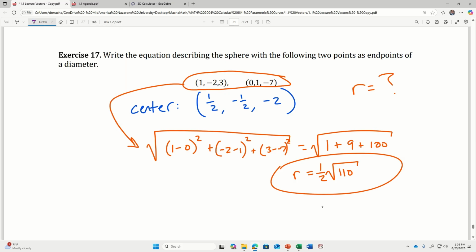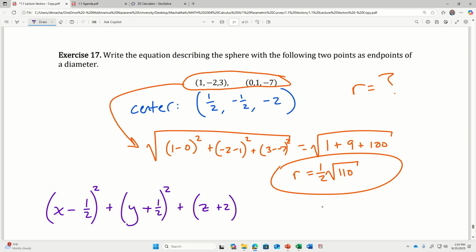Because I have the center of the sphere, and I've got the radius of the sphere. Oops, sorry, that should be a y. And then on the right side of my equation goes the radius squared. So that would be 1/4 of 110, or I could call it 1/2 of 55. 55 halves.